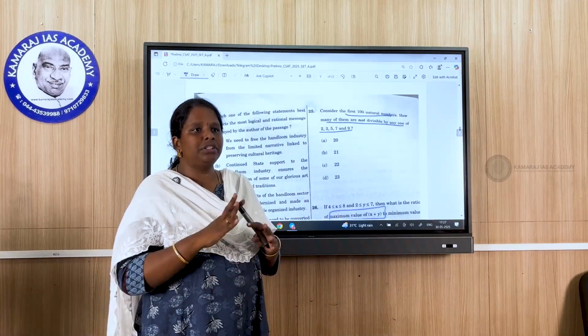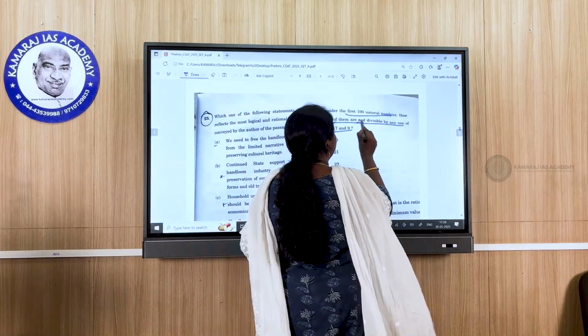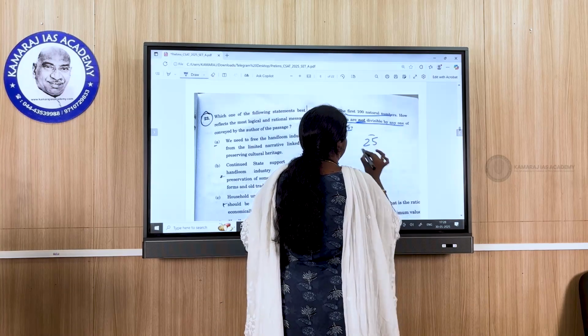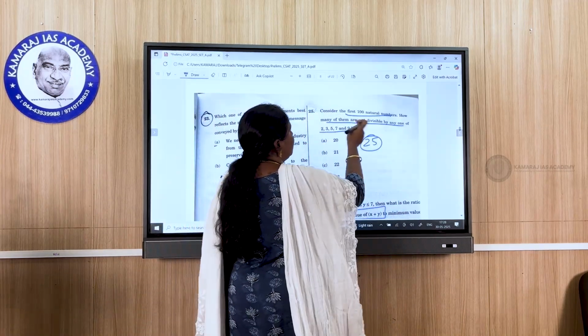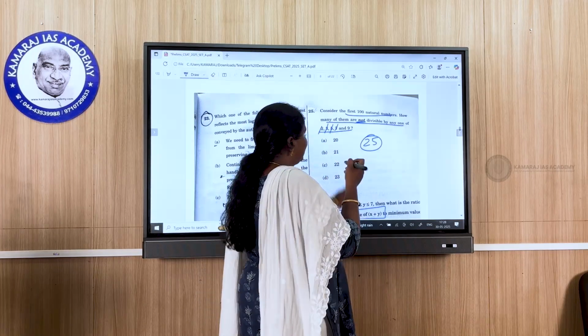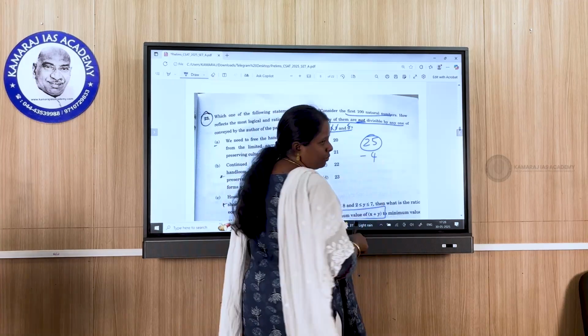Prime numbers are divisible by the same number and 1 itself, right? So here also they have asked the question not divisible. How many prime numbers do we have? 25. So in this, it should be not divisible by 2, 3, 5 and 7. 9 is not a prime number, so leave this. So I have to subtract these 4 numbers also.